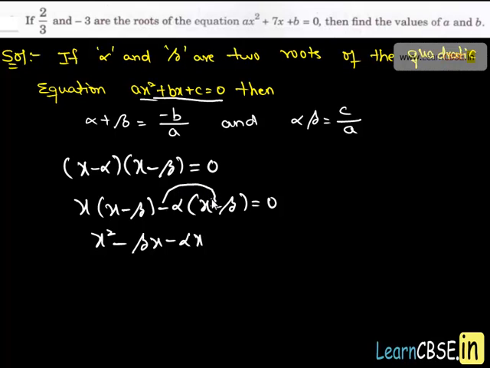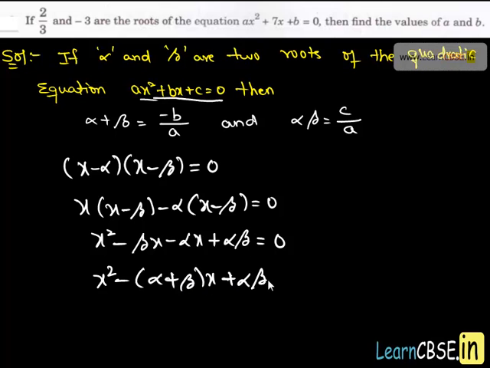Here the product of two negatives will be a positive, therefore plus alpha times beta, which is equal to 0. Taking the negative sign and x as common, we have x² - (alpha + beta)x + the product of the roots. Therefore, by calculating their sum and product and substituting in this equation, we can obtain a quadratic equation.